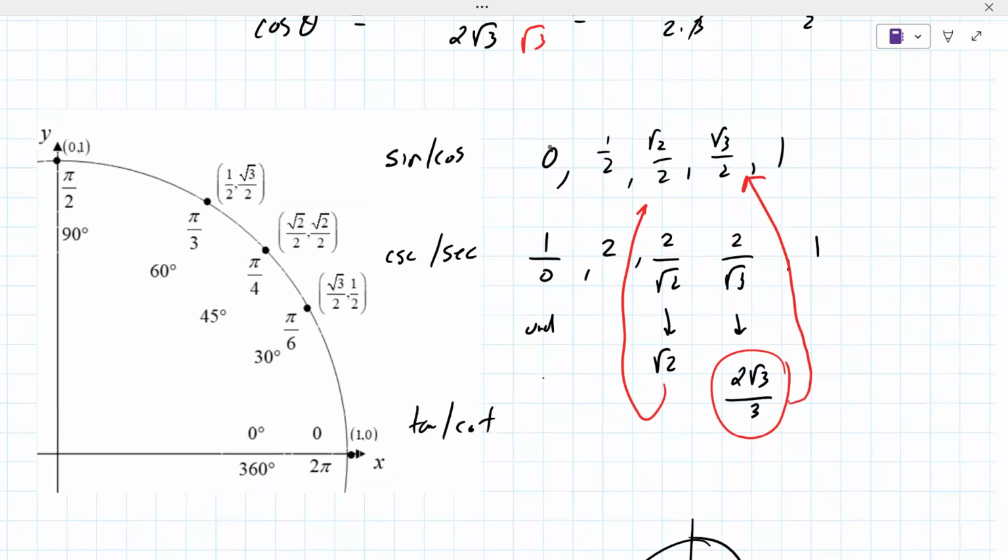I mean, it's not an infinite list, but because there's some repetition, like the reciprocal of 1 is 1, there's only 4 new values. And then with tangent and cotangent, you end up getting some repeats. So there's like 12 total to remember, all the possible values.